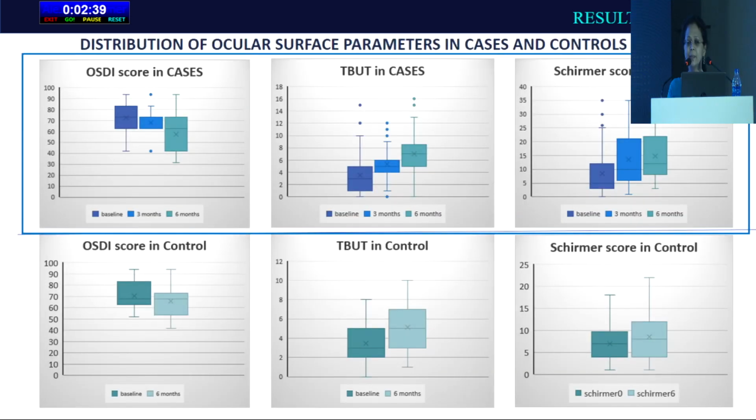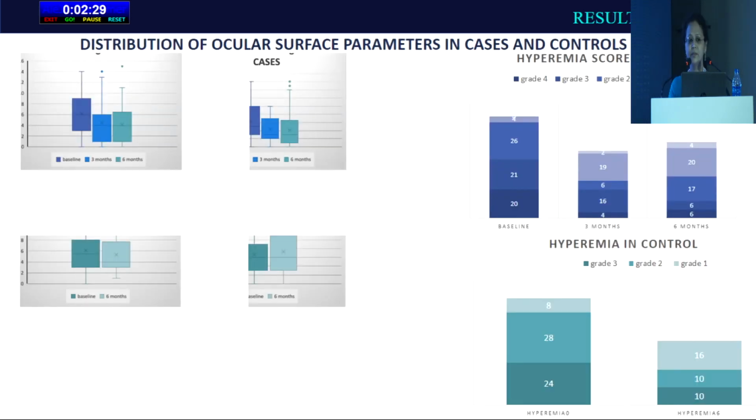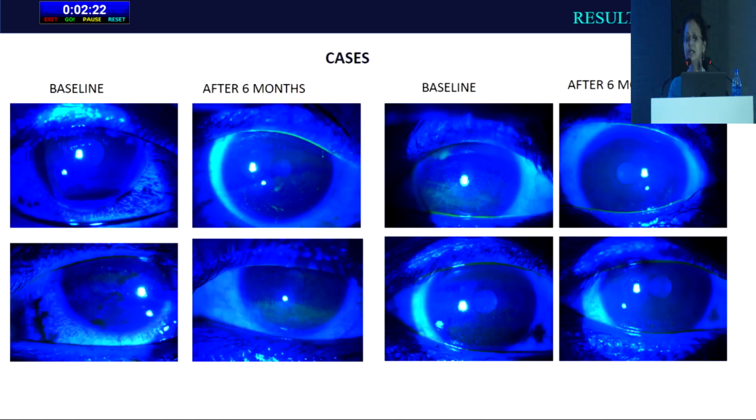These are box and whisker plots depicting the distribution of the study parameters over the study period, and all of them show a statistically significant improvement over time.